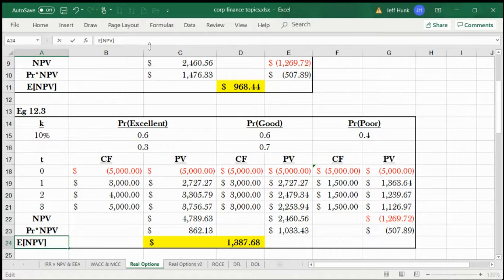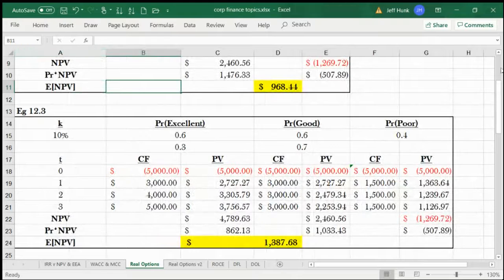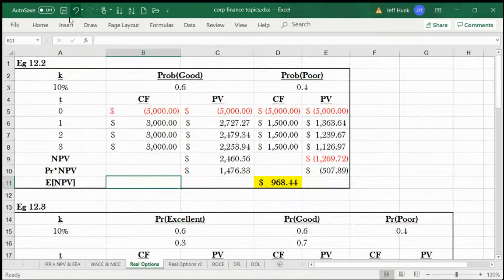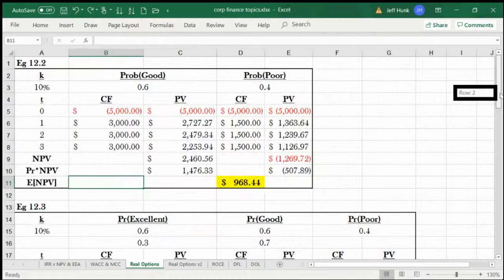I labeled it weighted average net present value, but oops, why? There must be something that's keeping it.